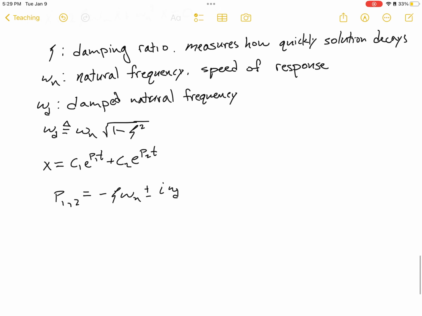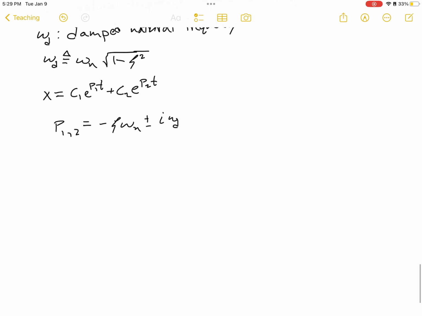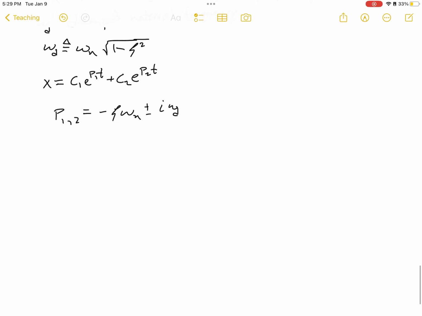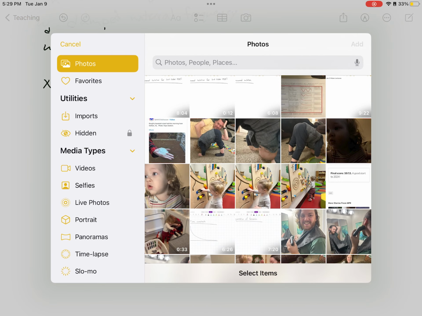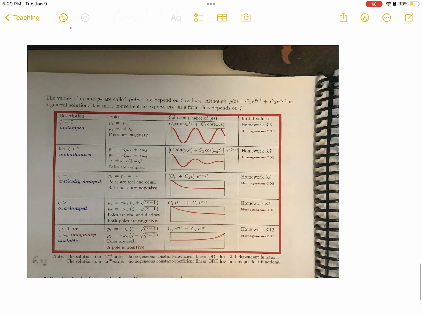And based on what zeta is, based on the physical parameters of these systems, we can actually go ahead and come out with an automatic solution for some of these. So I'll go ahead and post this picture in here of what the solutions look like.